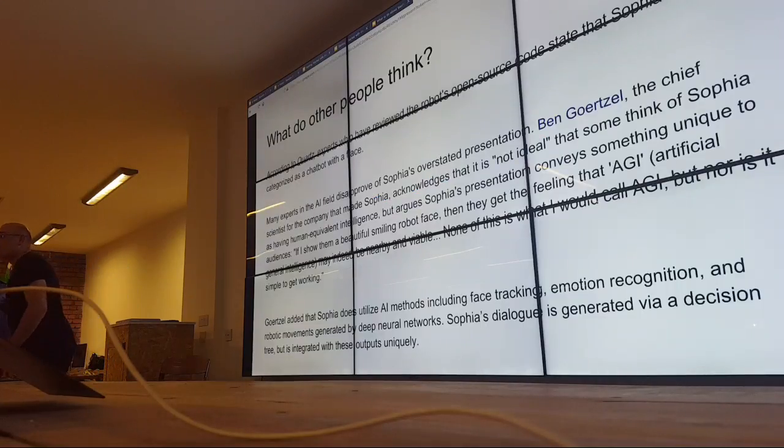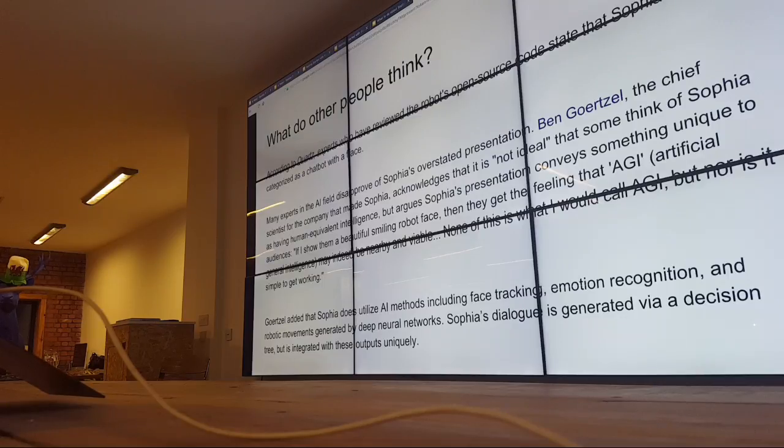What do other people think? Sophia is actually really, really controversial in the community. So most people, when they've looked at the code behind Sophia, say that she's nothing but an advanced chatbot. That's all she is, but she's been hyped up to be something completely different.